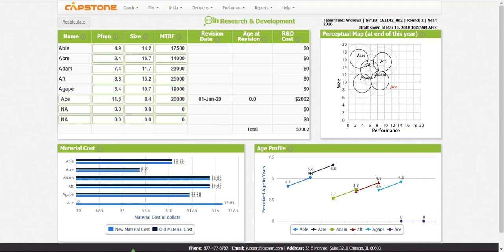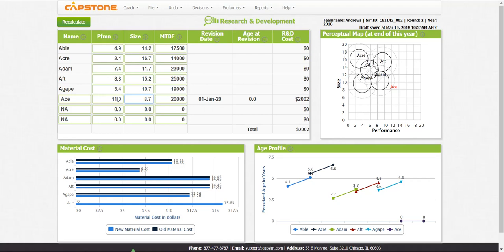Now they wanted 11.6 for performance, so I'm just going to take a little bit away from that. And they wanted a size of 8.4. I'm going to add a bit on. The less work they need to do here, the quicker they can get it done. So what I'm doing is I've gone to the ideal, but we're not going to get the ideal out on time. I have to go back slowly and reduce the amount of work they've got to do.